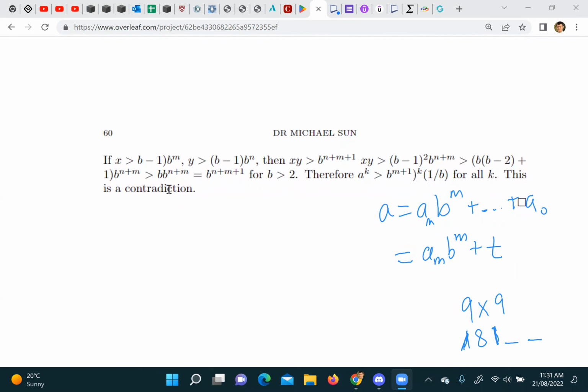Okay, and then proving that. So yeah, I'm kind of in a hurry here. So if x is bigger than, say the digit's bigger than b minus 1, and y is also bigger than 9, the digit's bigger than 9, then their product, as long as b is greater than or equal to 3, is also gonna be this m plus 1.